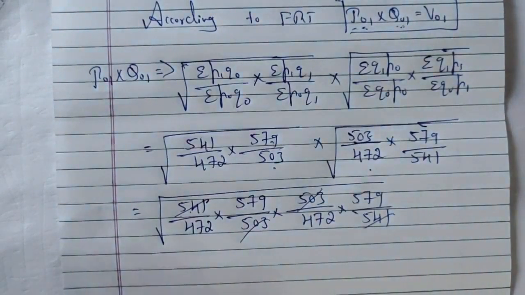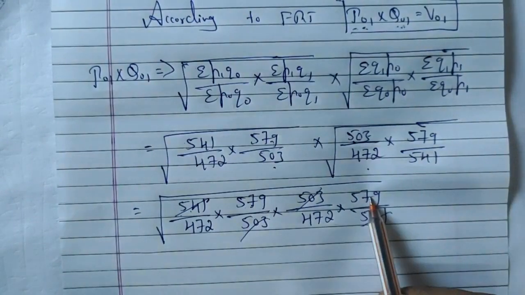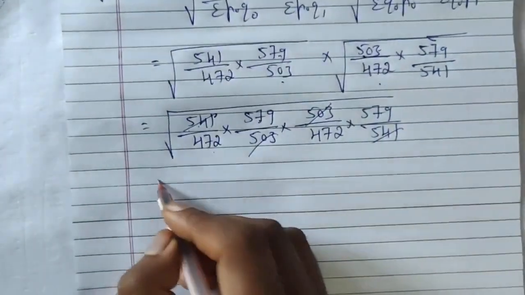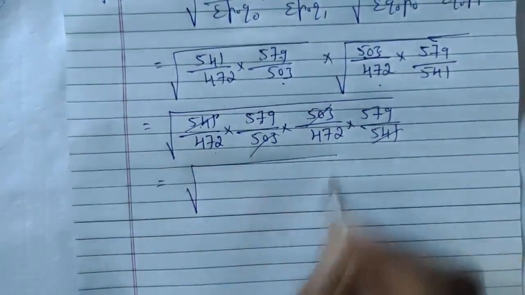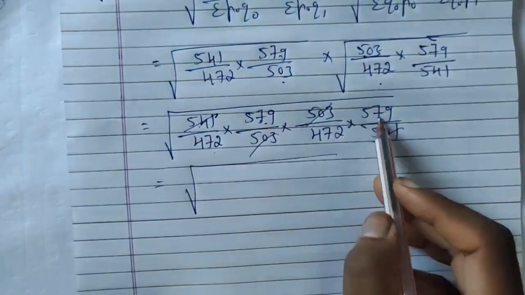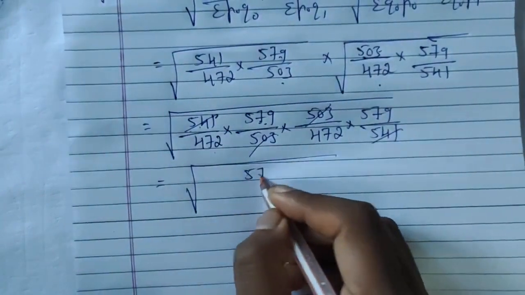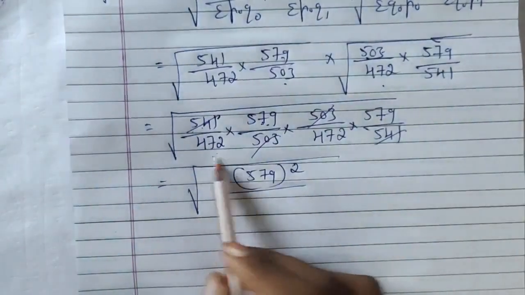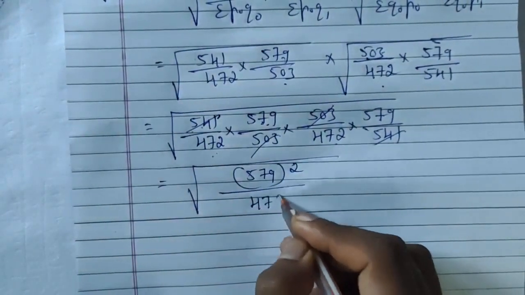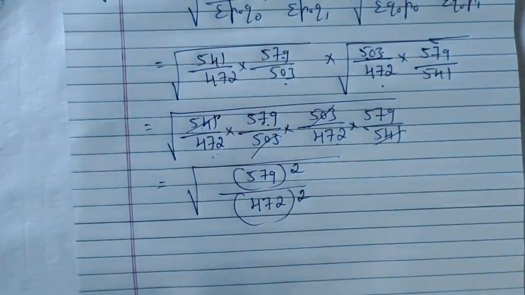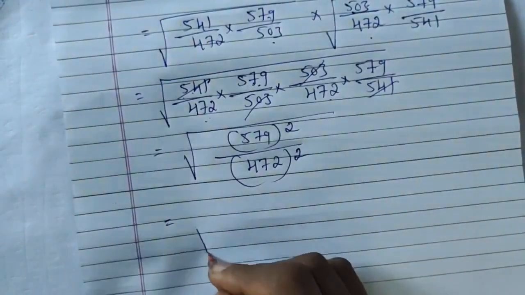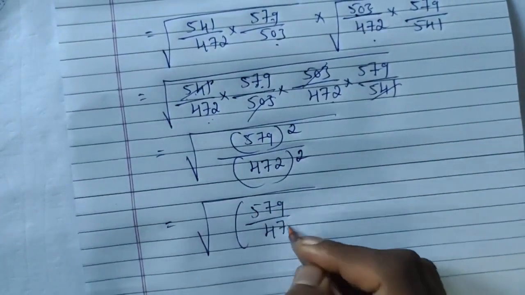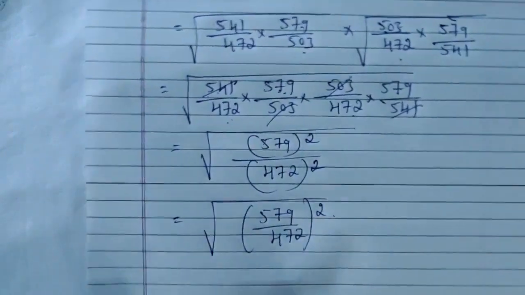Now the remaining thing is 579 into 579 divided by 472 into 472, and this can be written as whole square root of 579 square divided by 472 whole square, and this can be written as whole square root of 579 by 472 whole square.